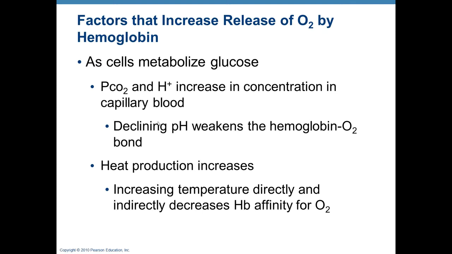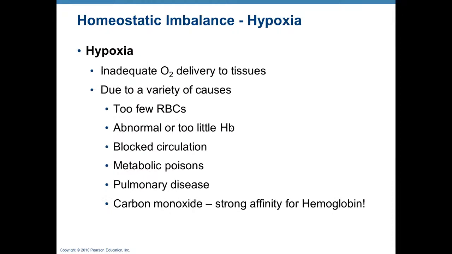All right, so acidic pH, declining pH, actually causes oxygen gas molecules to come off of hemoglobin more easily, because acidic pH is an indication that tissues are being very, very metabolically active and they need more oxygen gas. We've already talked about increasing temperatures and heat production.